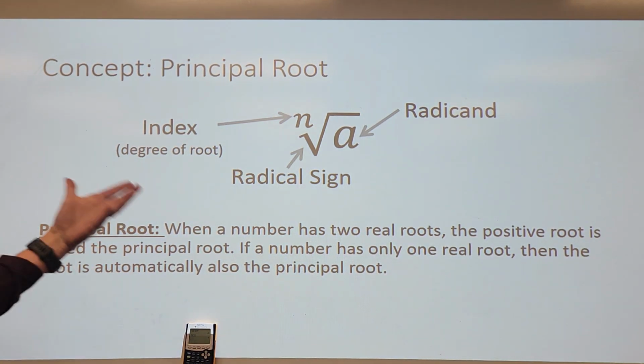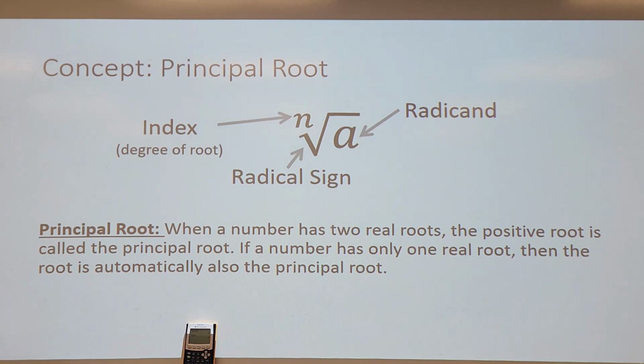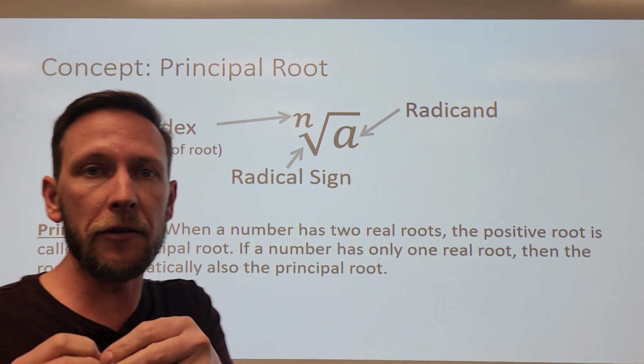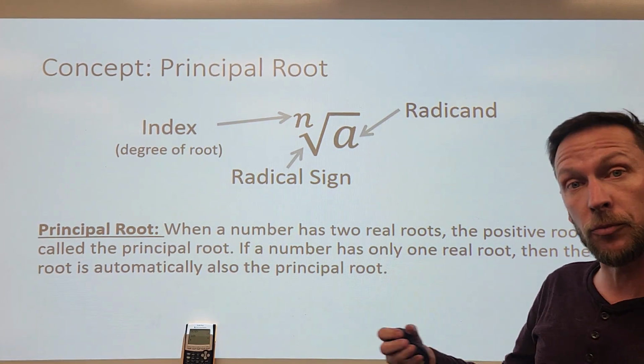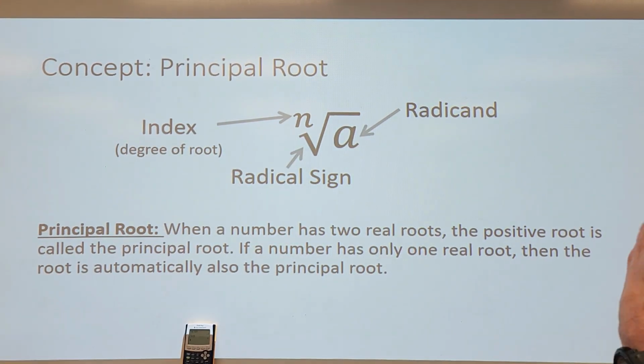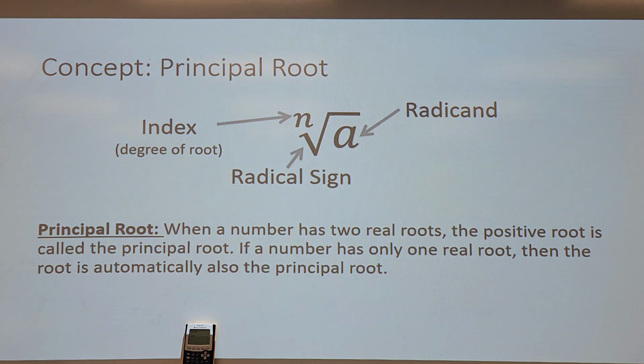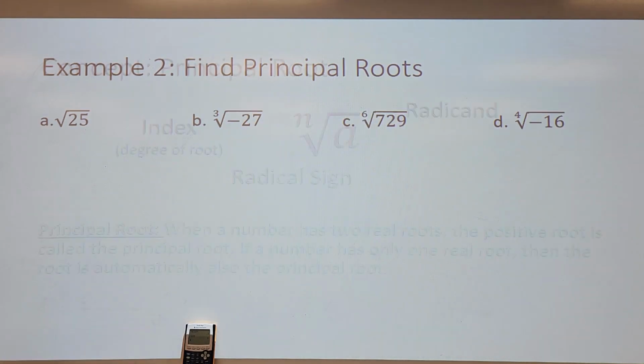That's what we care about. A lot of times with some of the work that we do with square rooting or fourth rooting or sixth rooting, we really only care about the principal root. If a number has only one real root, then that root is automatically also the principal root. So it's not always just a positive answer. We can have negative answers in these situations.